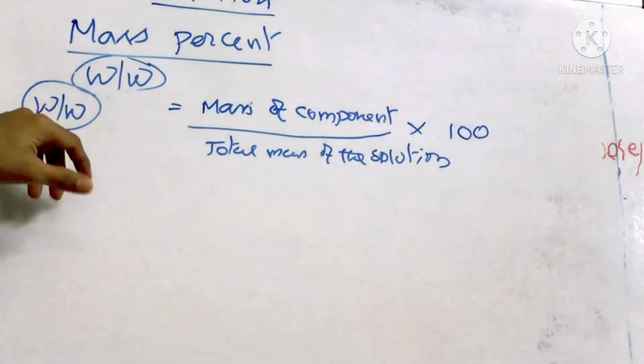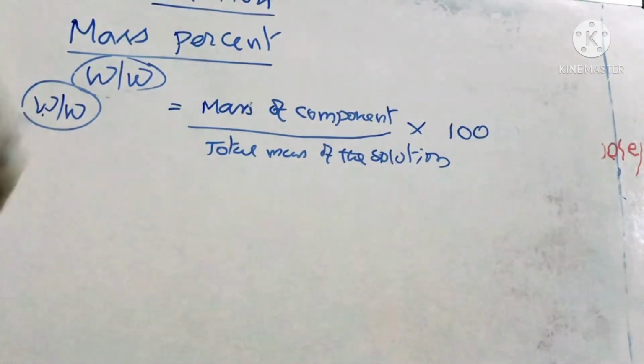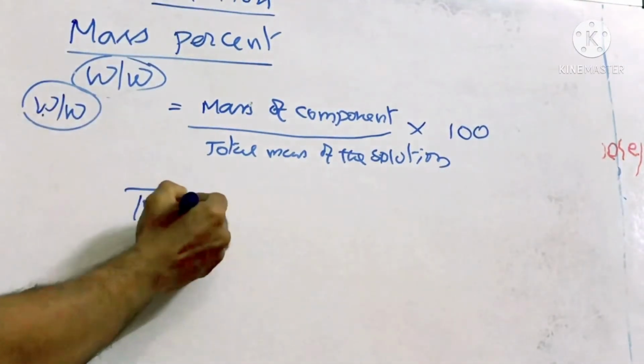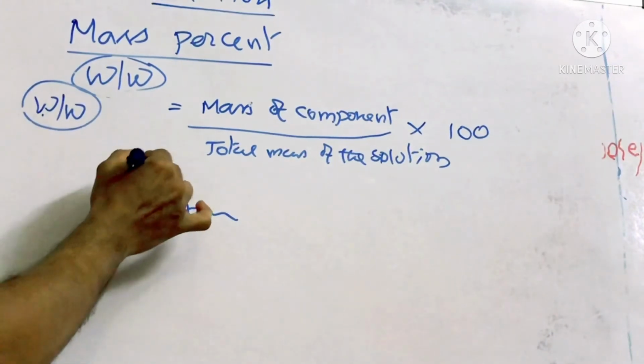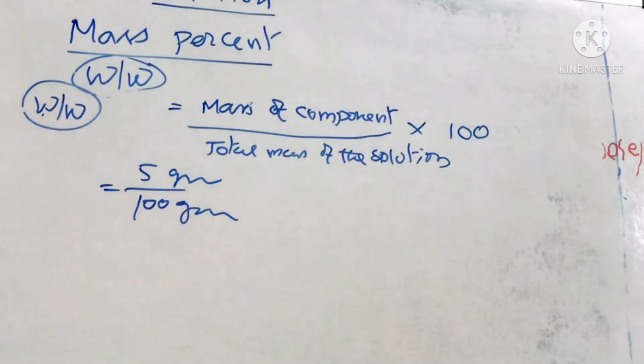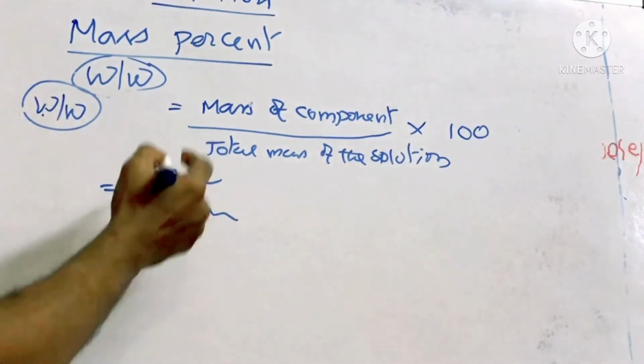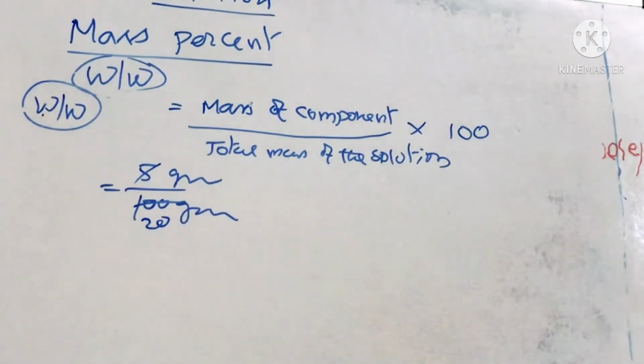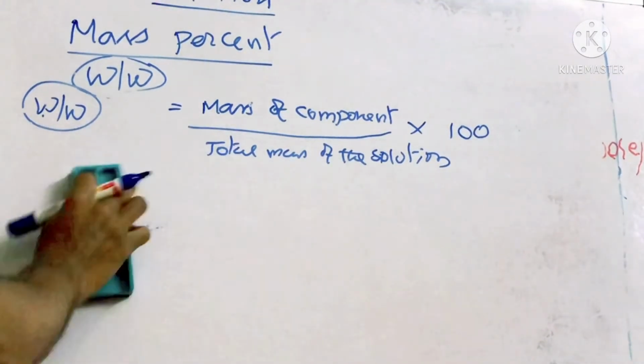So mass percent is nothing but, per 100 grams of solution, what is the weight of that particular component? That gives your mass percentage. For example, here 1 over 20 is the mass percentage. Like this, we can find out W by W, 0.5 or 0.2 percentage. That means 0.2 grams.